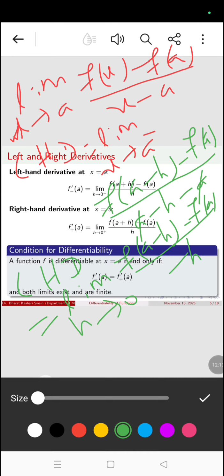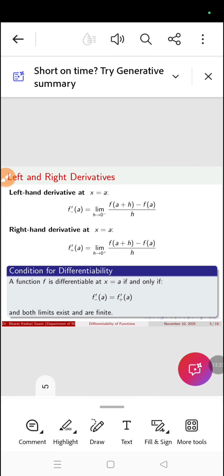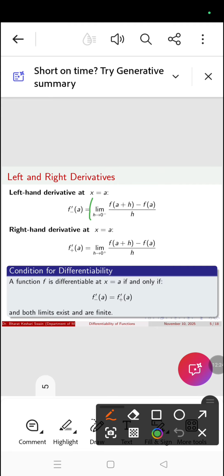This is your left hand derivative. Here, this is not f of a plus h, this is wrongly written. This is f of a minus h minus f of a divided by minus h.